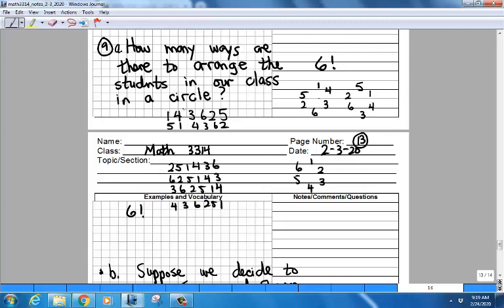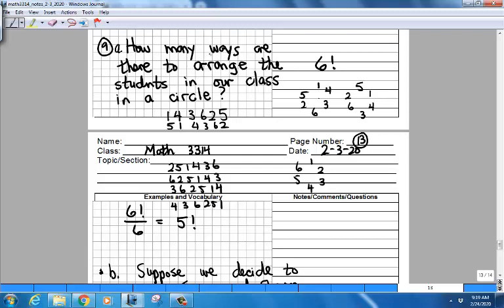So how do I fix this number? If it's overcounted by a factor of 6, divide by 6. So the right answer there is here. I want to divide by 6. Notice that reduces to what? 5 factorial.